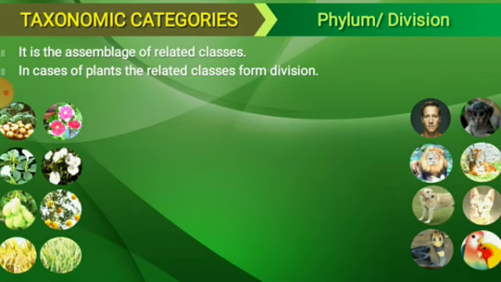One point that has to be mentioned here is that in case of plants, the related classes form the division, whereas in case of animals, the related classes form the phylum.